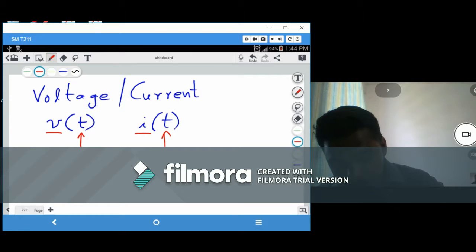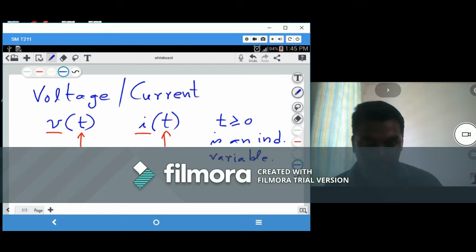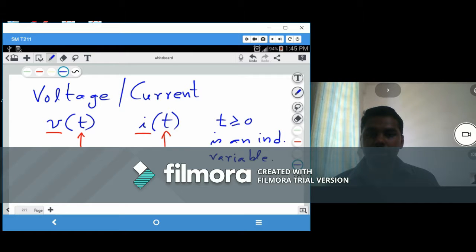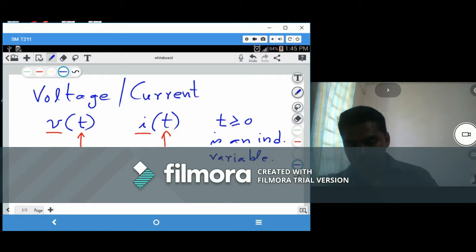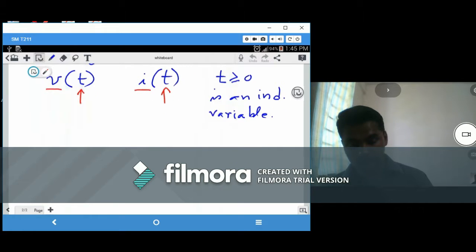So in that case we call t an independent variable. So I use a shorthand here for independent. Okay. Now, can we have more number of independent variables? That is a question that we can ask.